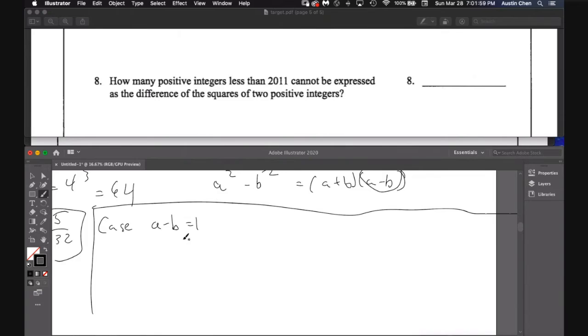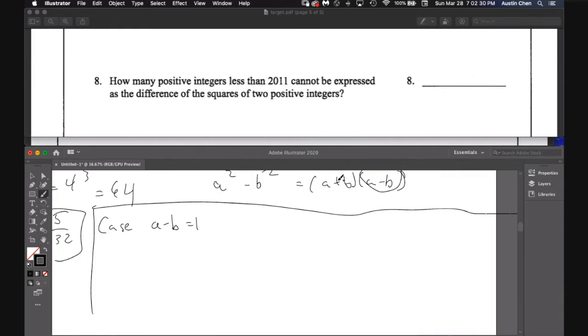Now the case where a minus b equals 0 really doesn't do anything. When a minus b is equal to 0, then our product is just always 0, and we're talking about positive integers. So that's not going to help us. And a minus b can't be any negative number, because that would mean that b is larger than a.